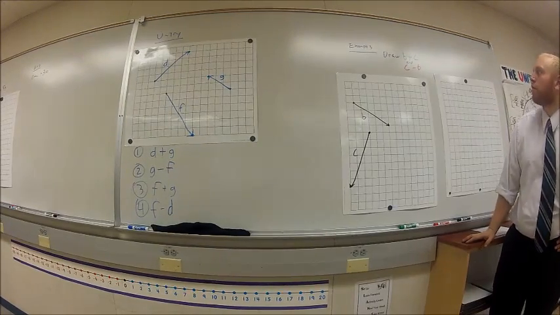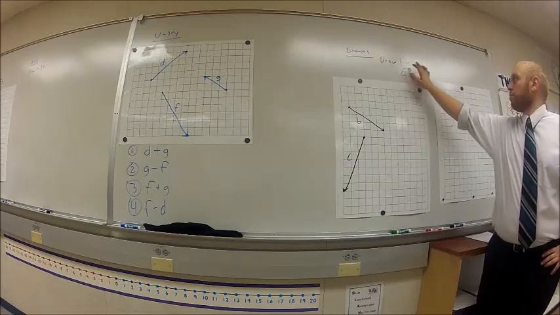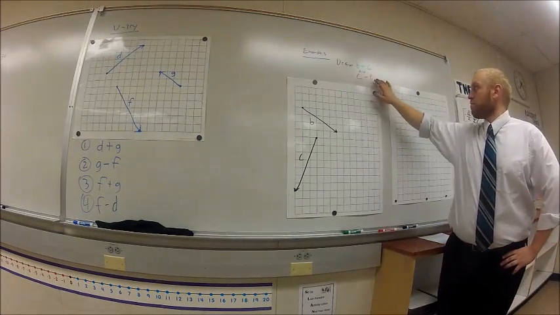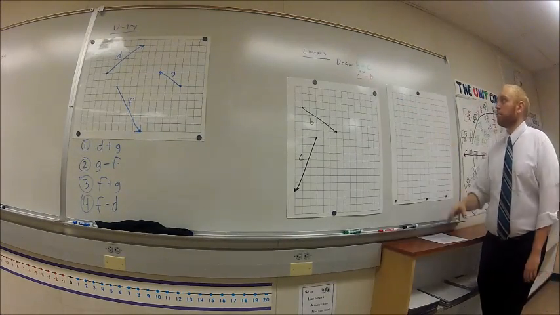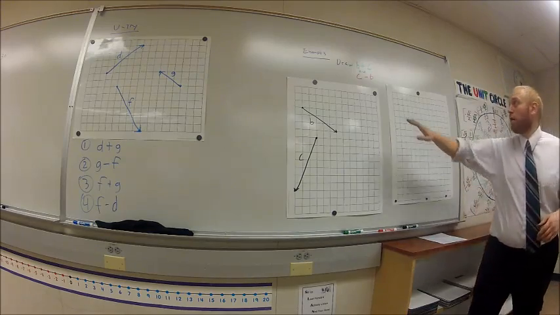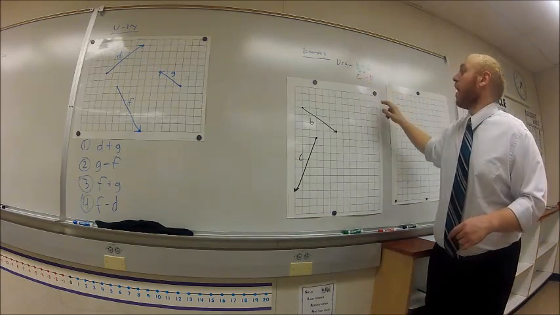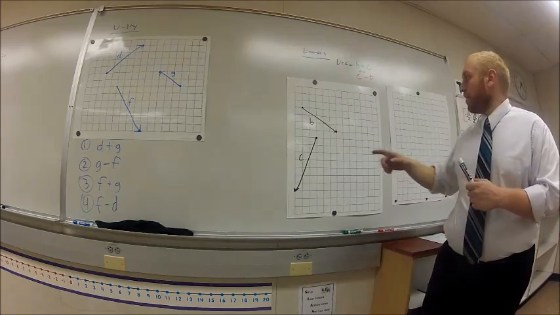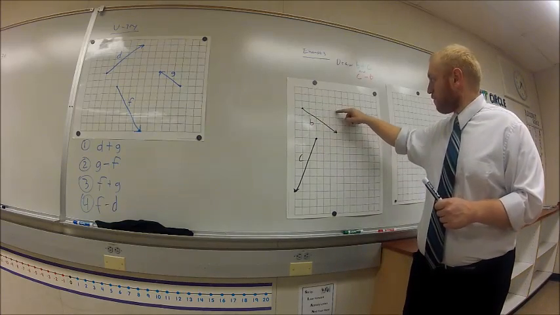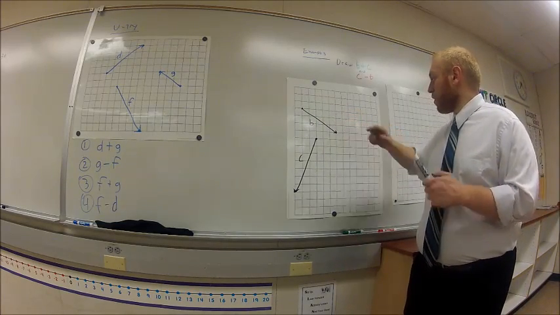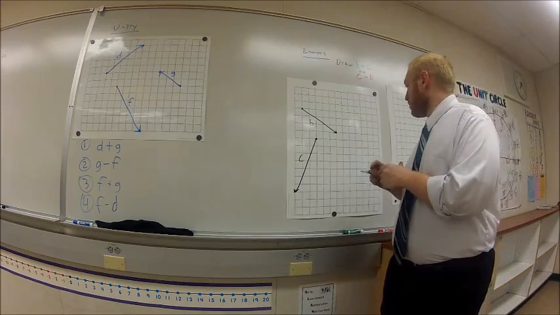Alright, so now we're going to look at example 3. I want to draw b plus c, and then later draw c minus b. Well, let's start with b plus c. That means we're going to have to start with drawing b, and then add c on at the end. Well, b is going to be 1, 2, 3, 4, 5 to the right, and down 1, 2, 3. I'm going to redraw that right here.